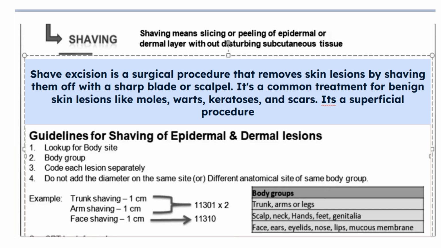No, we cannot add, because we do not add the diameter on the same side or on a different anatomical site of the same body group, since the trunk and arm are the same body group. So basically, as far as shaving, we do not add the diameter, irrespective of whether they are on the same body side or on a different anatomical site but of the same body group.